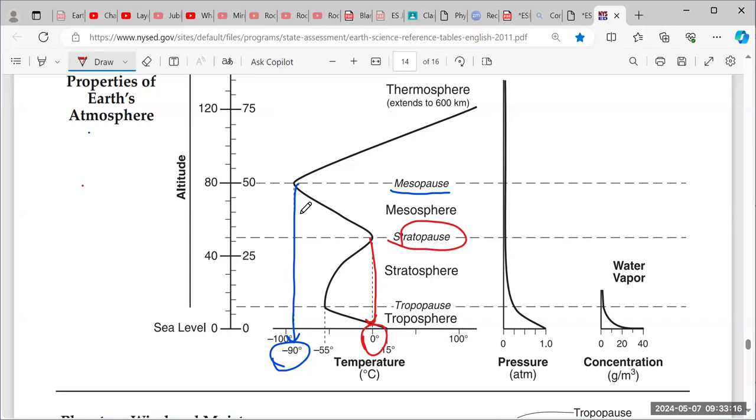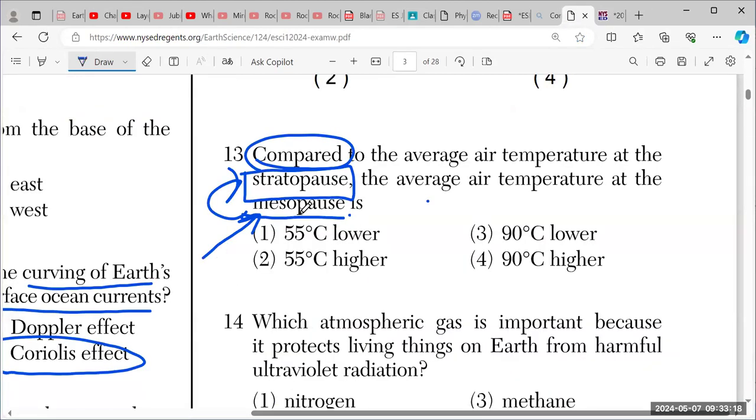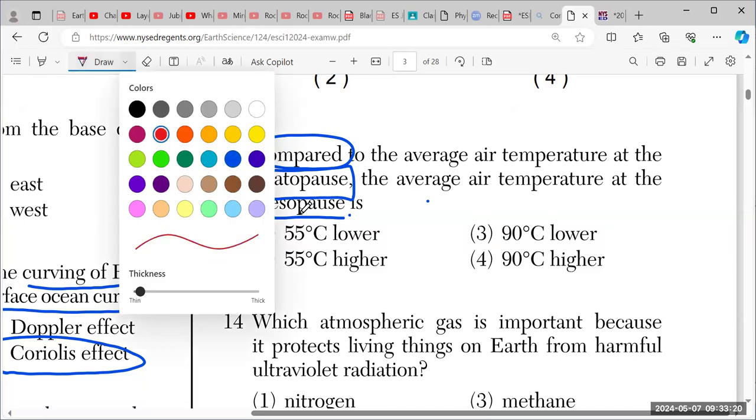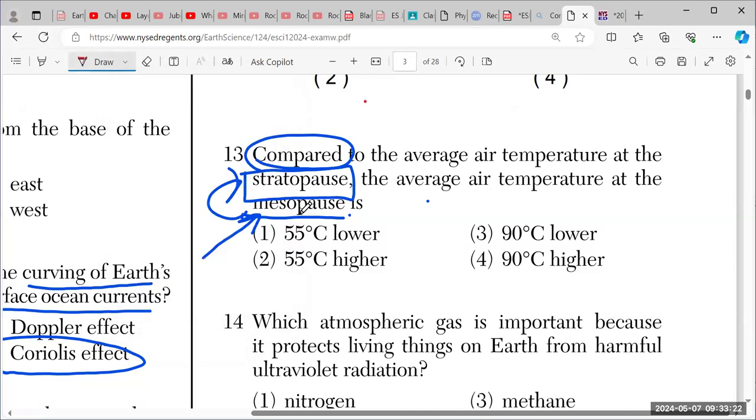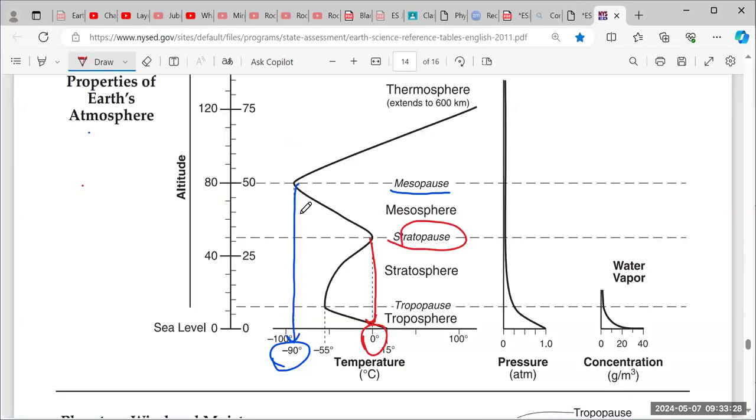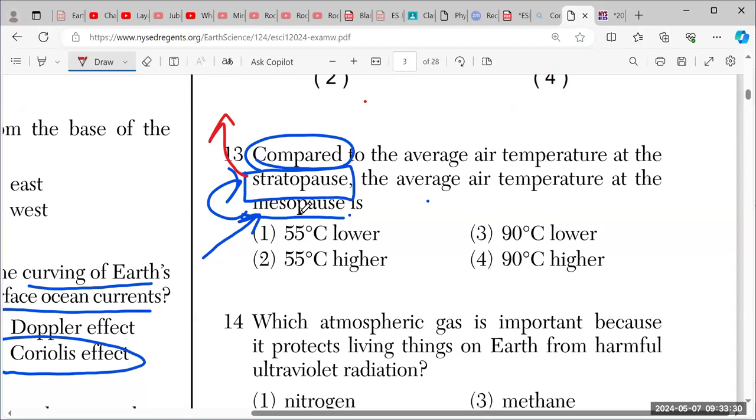So I know that the mesopause is negative 90 degrees Celsius, and the stratopause is 0 degrees. Let me take a look. Yep. The stratopause is 0 degrees Celsius, and the mesopause that we've learned is negative 90 degrees Celsius.